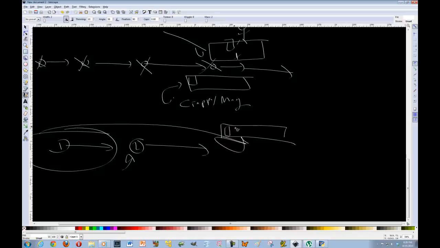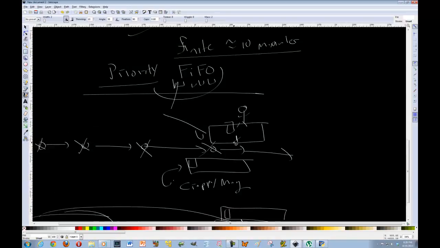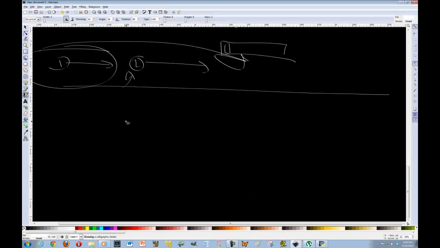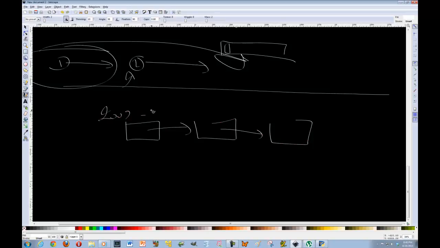So exactly how a priority FIFO queue is implemented with Bitcoin is a little complicated, but the idea is that over time, the reward for building a block is lowered. From 2009 to 2013-ish, the reward was 50 Bitcoins per block.